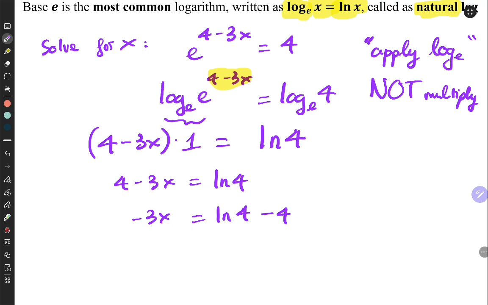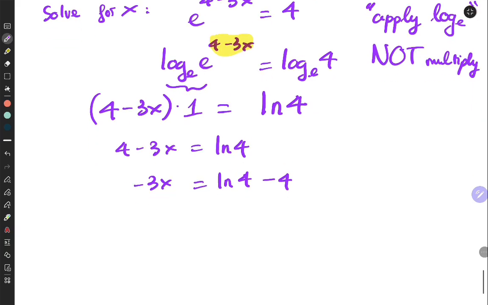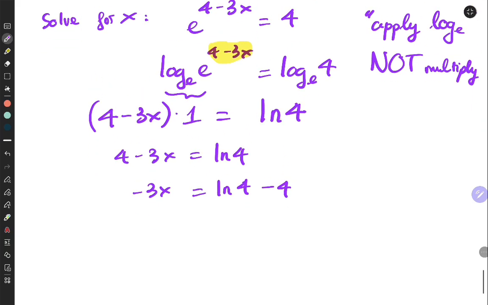Okay, another common mistake I see a lot in my 112B students when I teach them this. Question. Is it ln of 4 and then minus 4?